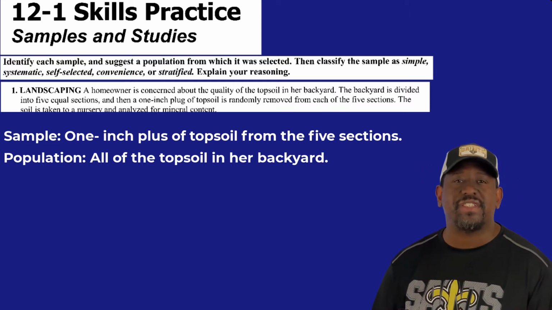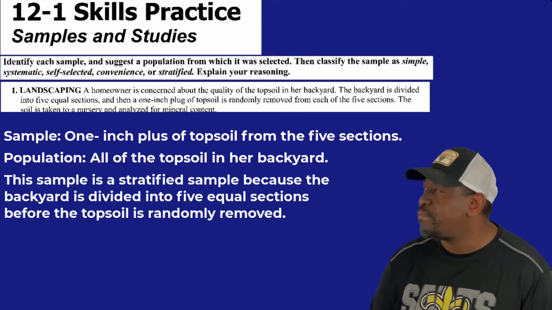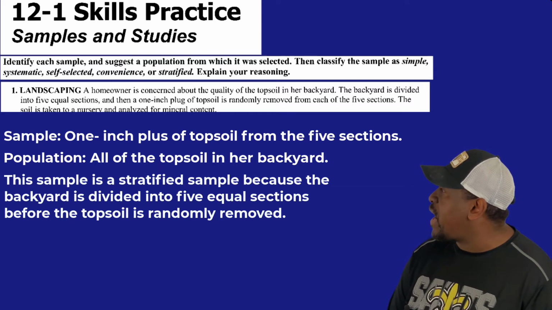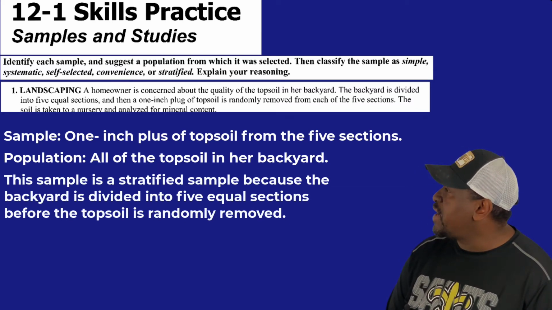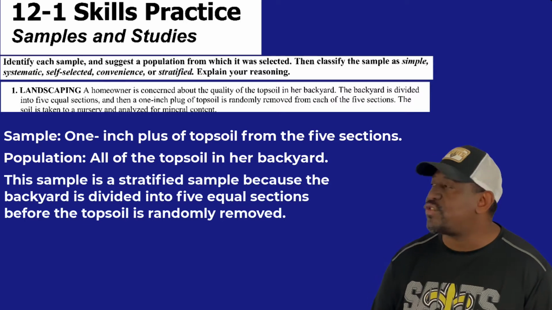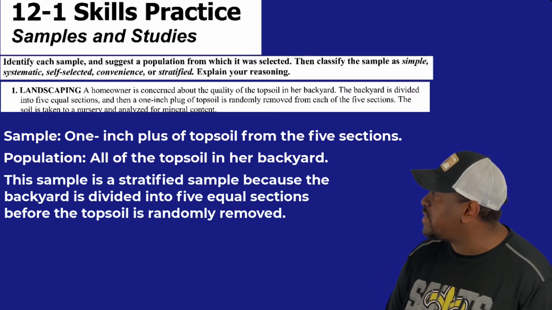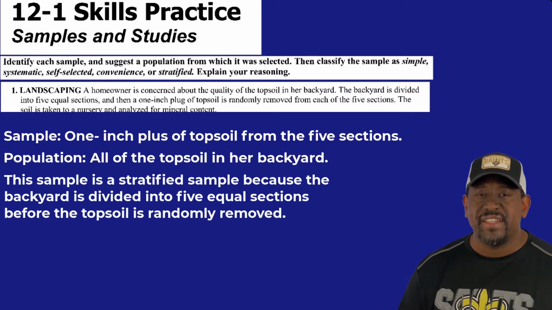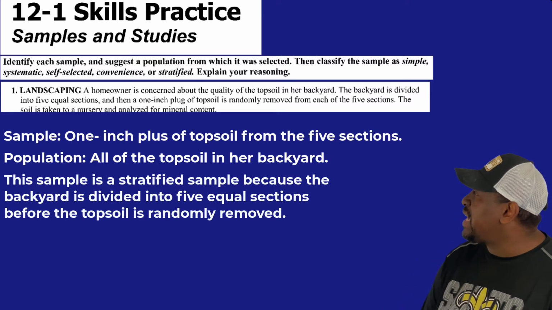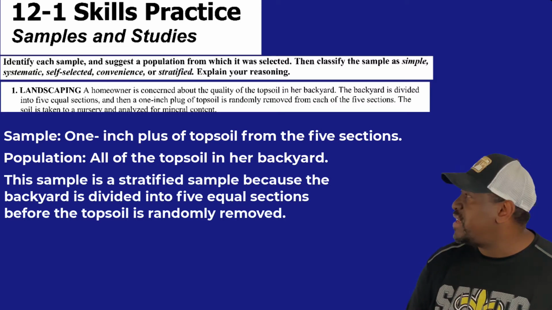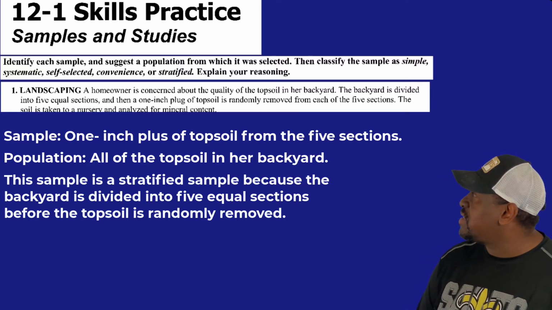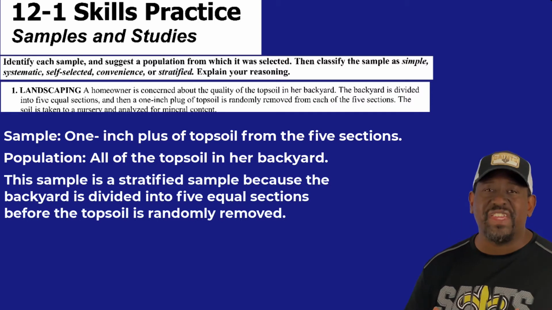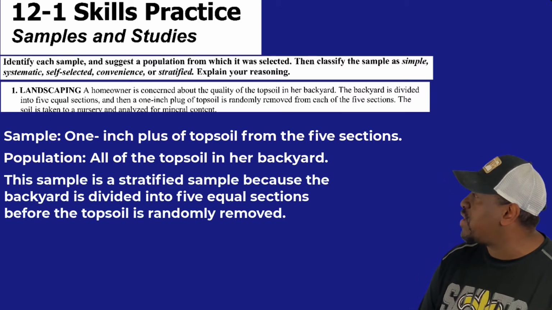So we conclude this example with the topsoil that the sample is stratified. And why is it stratified? Well, it's stratified because the backyard is divided into 5 equal sections, which makes it kind of stratified.